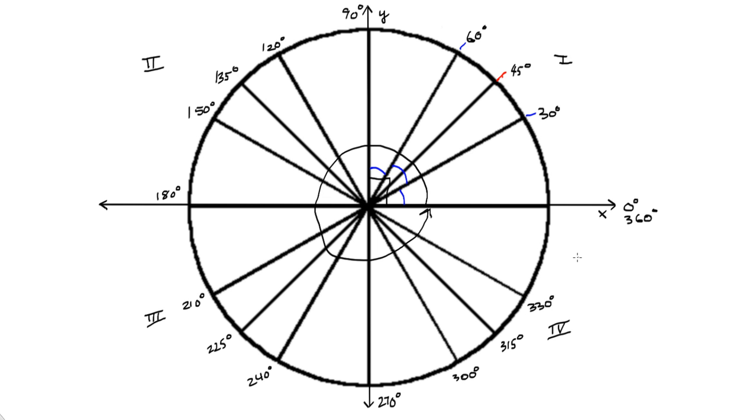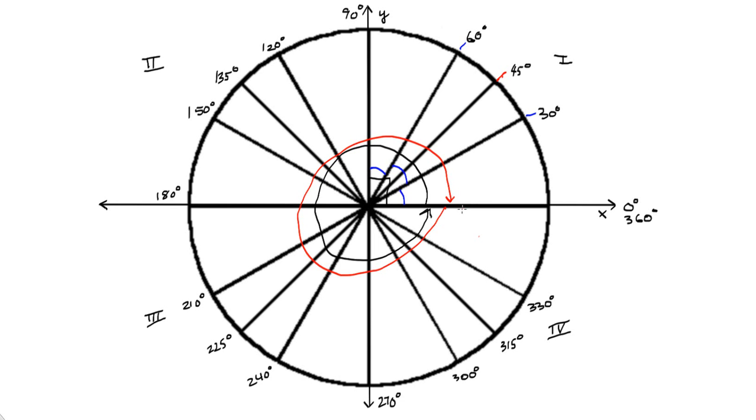Counterclockwise. We can also measure negative angles as well. And the way we measure negative angles is that we go clockwise. So if we go this direction around the circle, those are negative angles. Okay, same amount as we went the positive way in terms of magnitude, but negative.